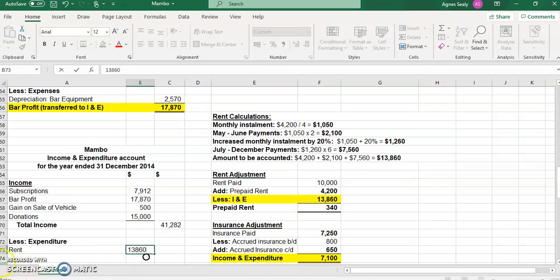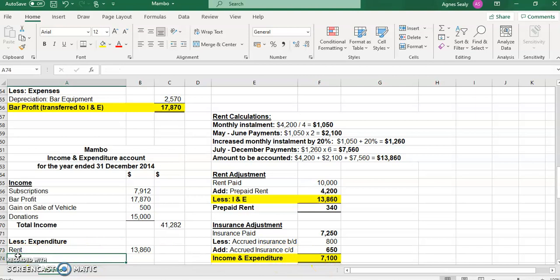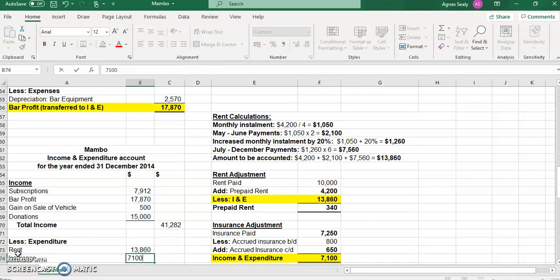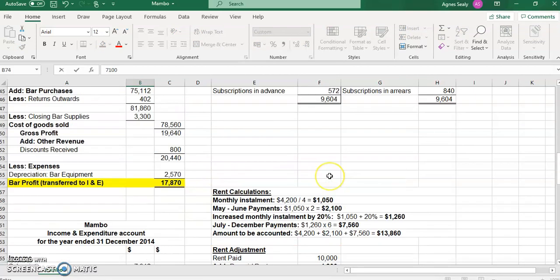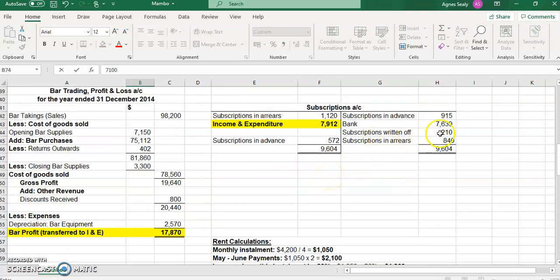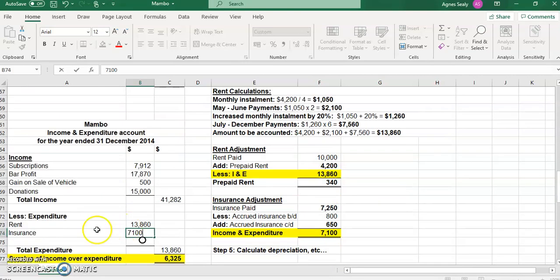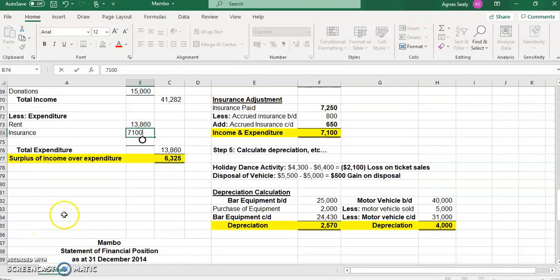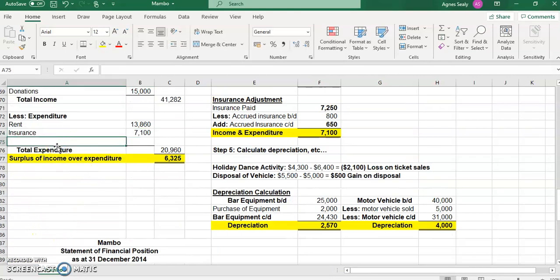We also have insurance of $7,100. So insurance, $7,100. We also had some subscriptions written off of $210. Let's not forget that.